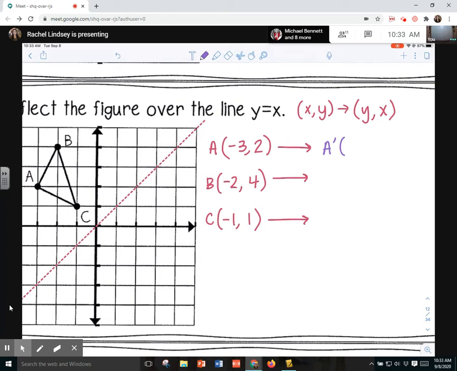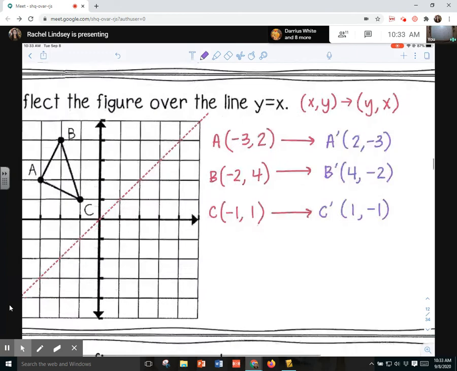So what's my A prime going to be? 2, -3. Then my B prime, going to switch those. So what's the order going to be? 4, -2. And then C prime, 1, -1. And then I'll plot those points and label them as I go.